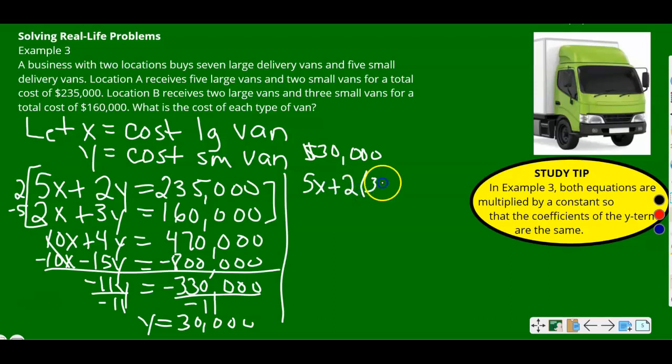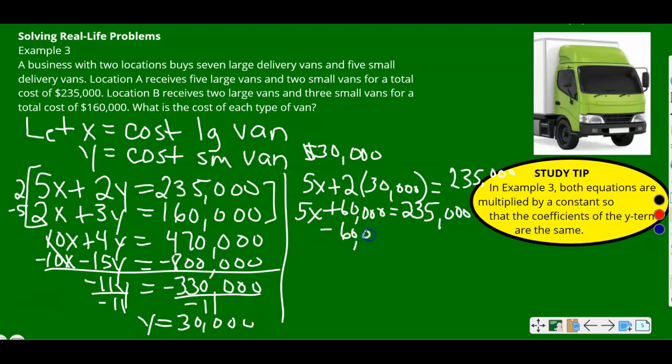Y is now 30,000. We've already solved for it. And that's going to equal $235,000. So 5x will come down. 2 times 30,000 is $60,000. And that equals 235,000.